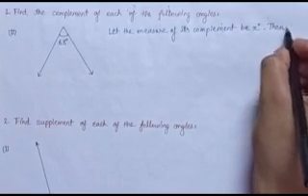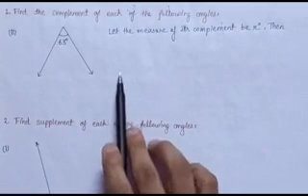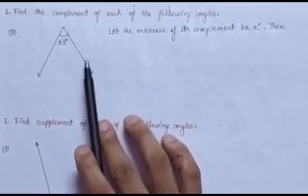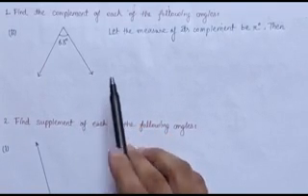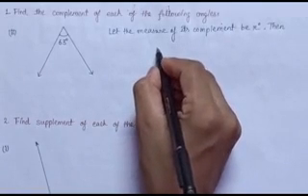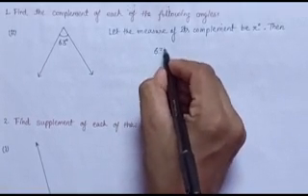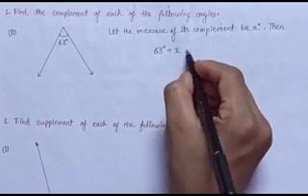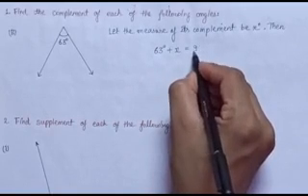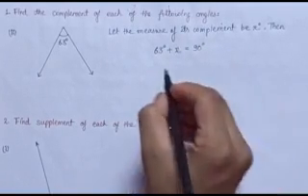Then what can we write? You know, the sum of an angle and its complement is equal to 90 degrees. Hence here we can write the angle 63 degrees plus x is equal to 90 degrees.